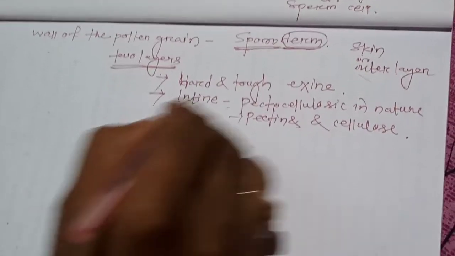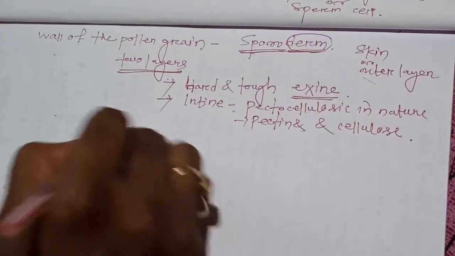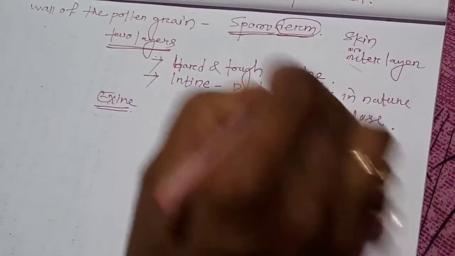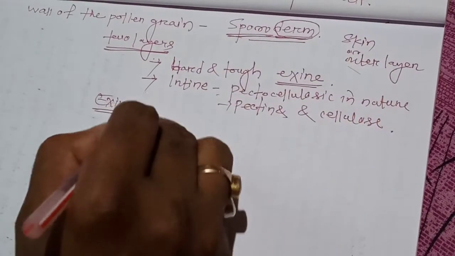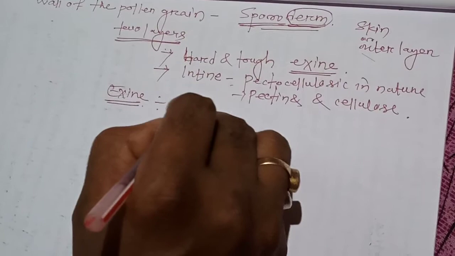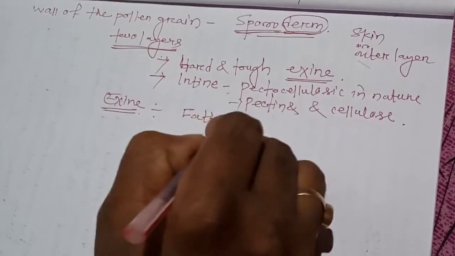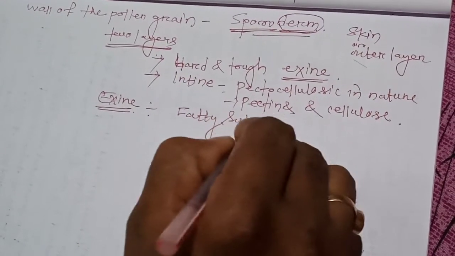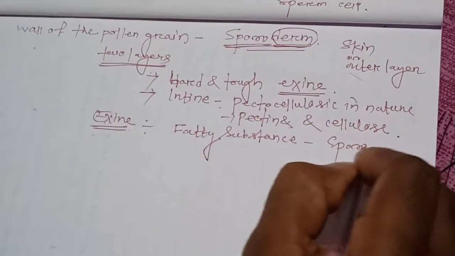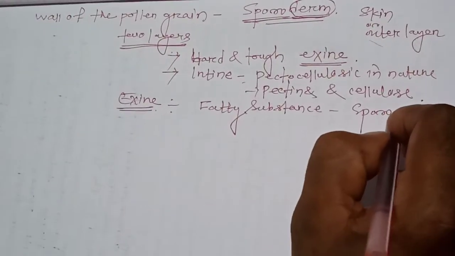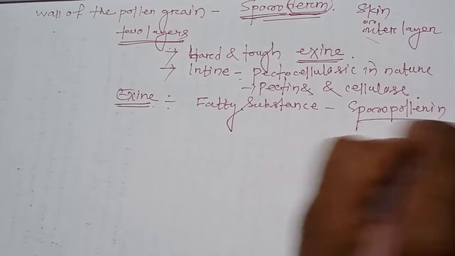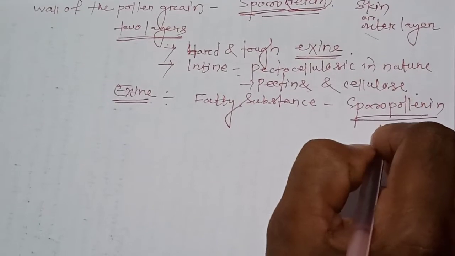Let's go to the outer wall, the exine. This is the outer layer of the sporoderm, and it is made of a highly resistant fatty substance called sporopollenin, which I have already described in my previous video. This sporopollenin is secreted by the tapetal cells.